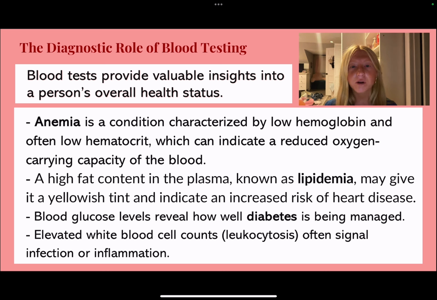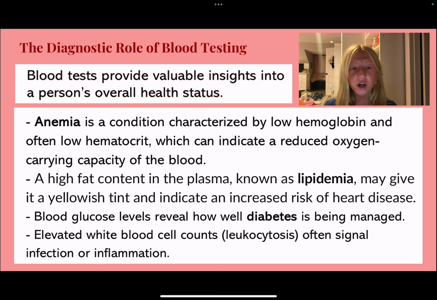The diagnostic role of blood testing. Blood tests provide valuable insights into a person's overall health status. Anemia is a condition characterized by low hemoglobin and often a low hematocrit. These indicate a reduced oxygen carrying capacity of the blood.